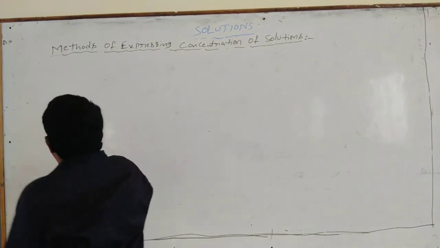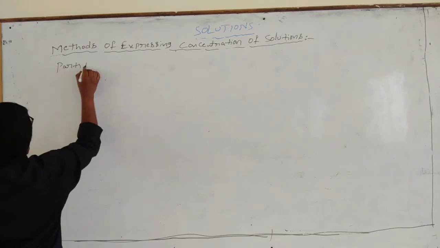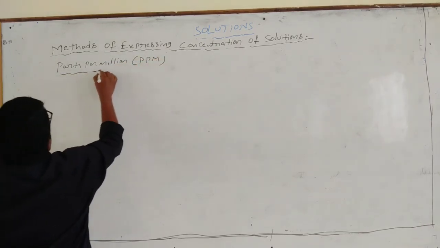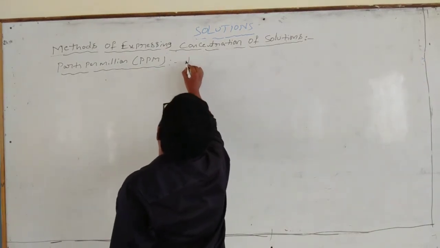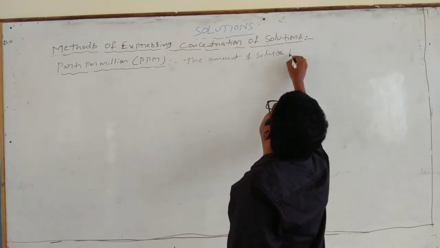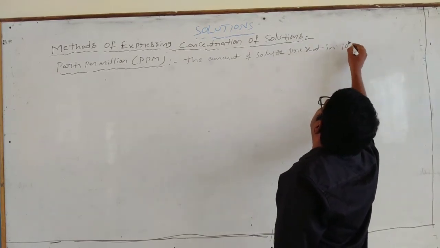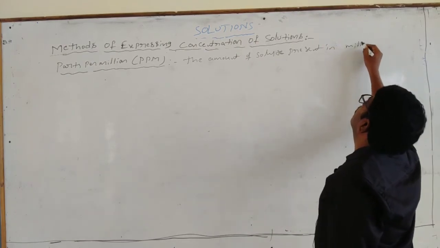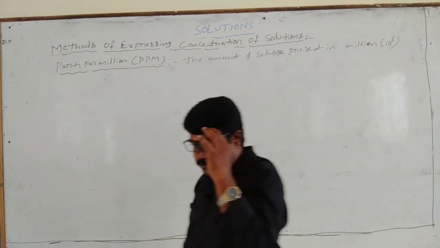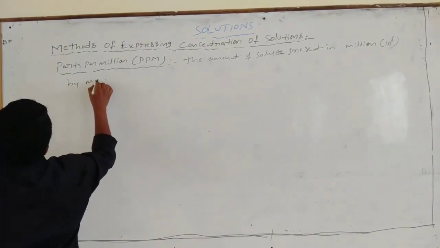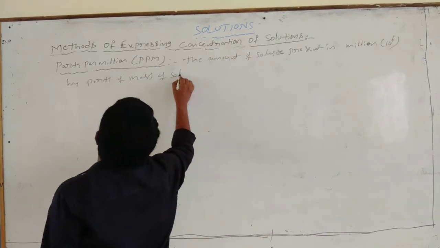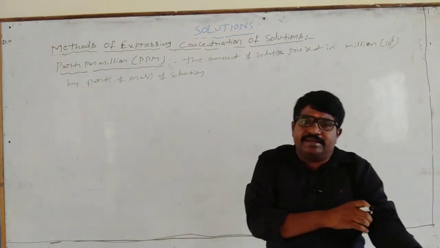That is called ppm, parts per million: the amount of solute present in 10 to the power of 6 parts by mass of solution.